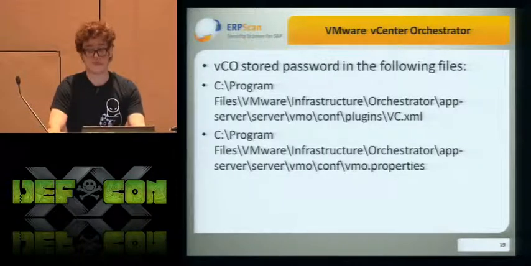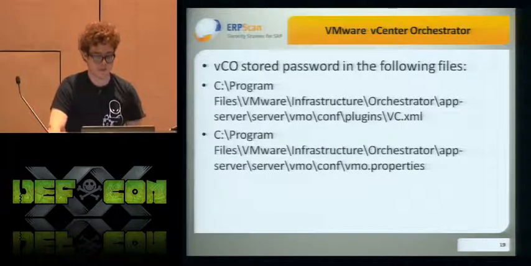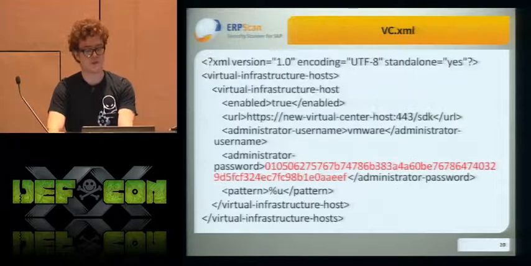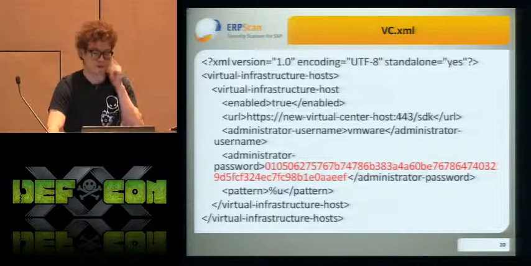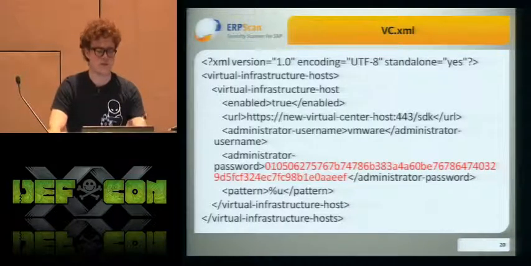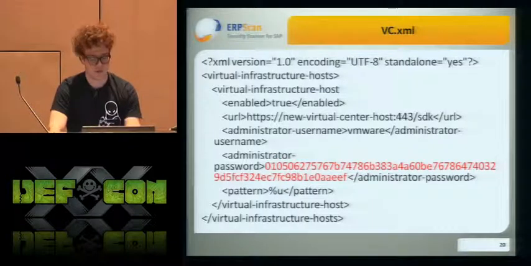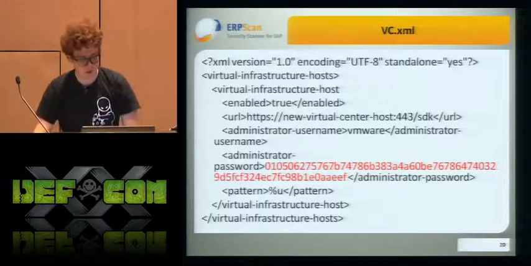So we also find interesting files like VS.XML and VMware properties. These files look like this. It looks like a hash, but actually it isn't a hash because it has odd length, so definitely not a hash.